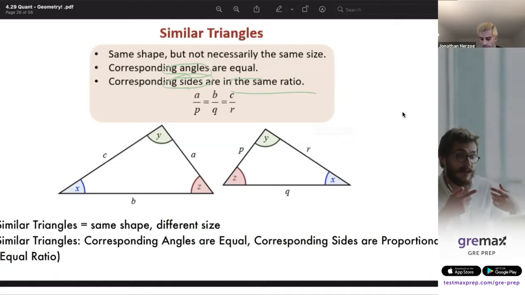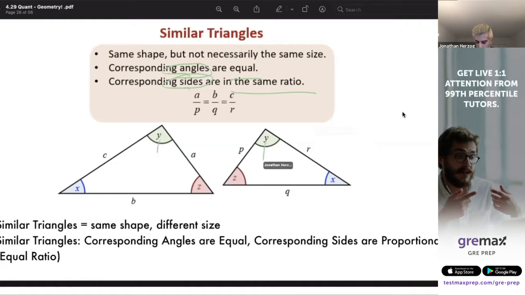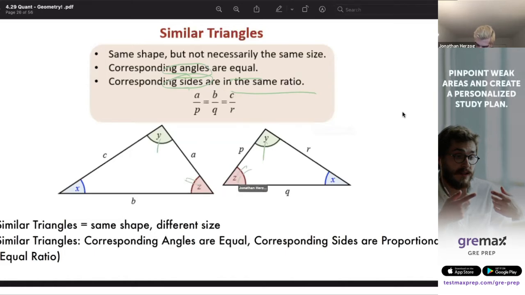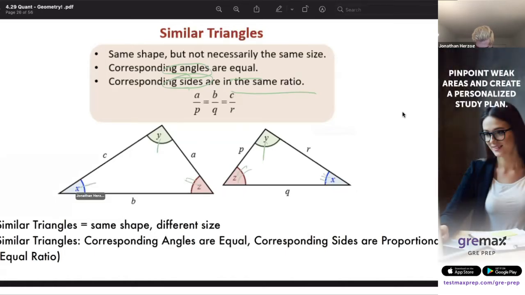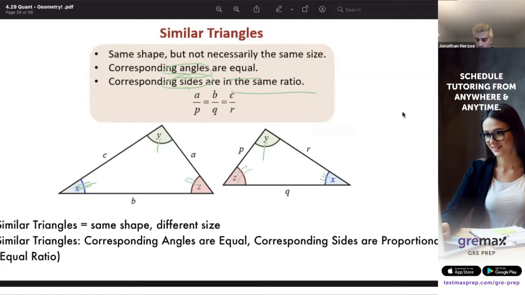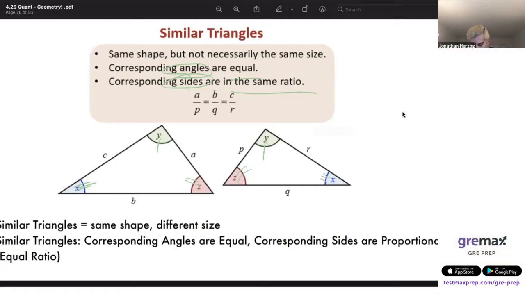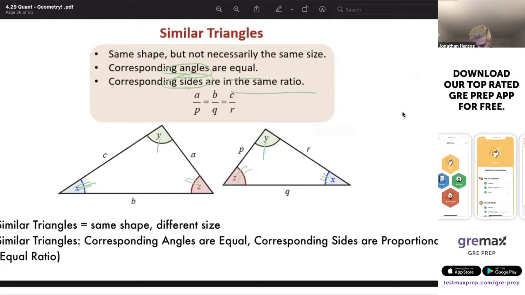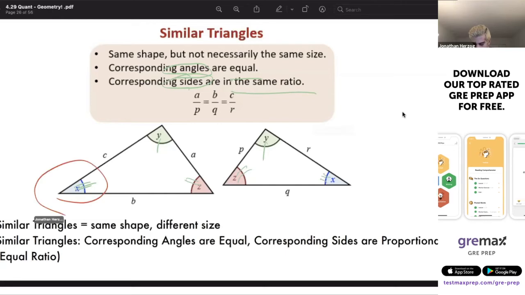So for instance, if we're told that angle y is equal to angle y, angle z is equal to angle z, angle x is equal to angle x, it's super, super easy. You know there's trap answers waiting if you want to somehow relate or say these sides are in proportion, just because that's how they're given to you. But hold on, z and x here are flipped, right? X is on the left side here, it's on the right side here.